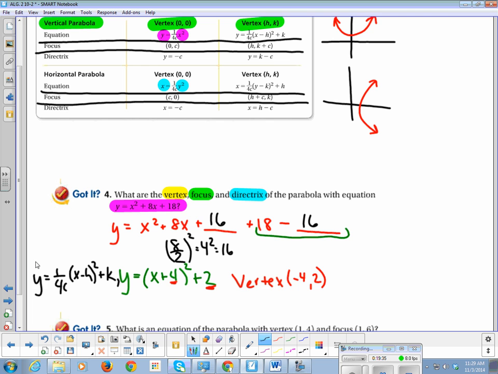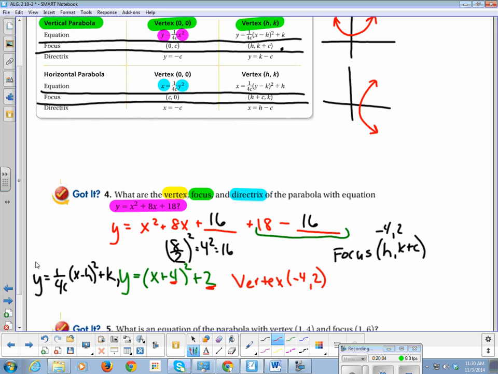I'm going to go up here for my focus. If we want the focus, it's going to be at h, comma, k plus c. So I know h and k, it's negative 4 and 2. I don't know the c, so I'm going to find c.